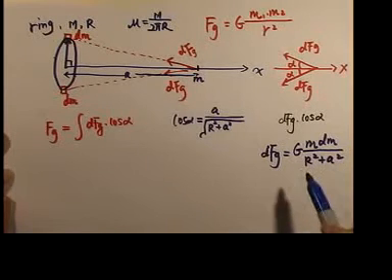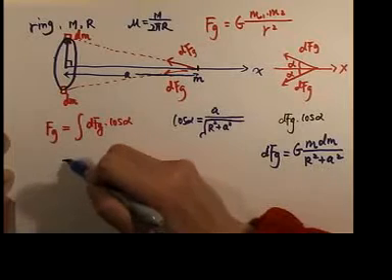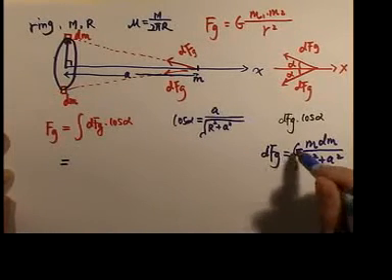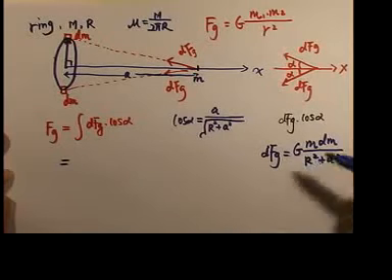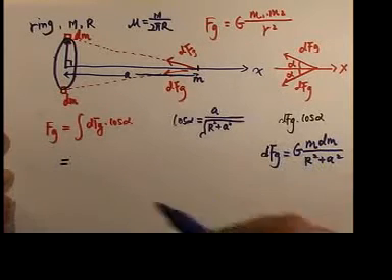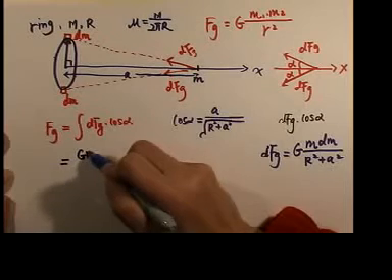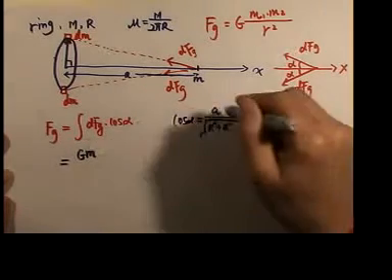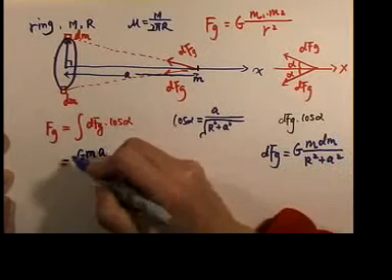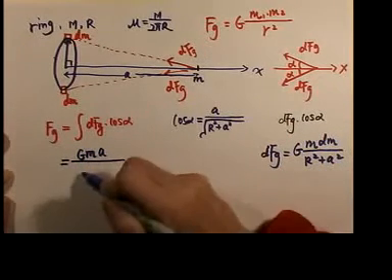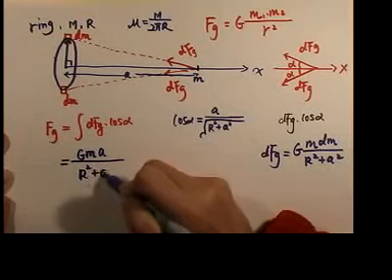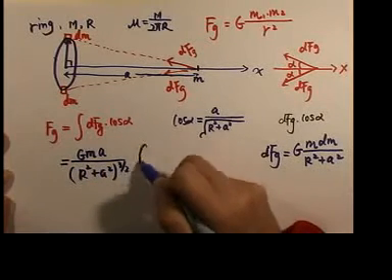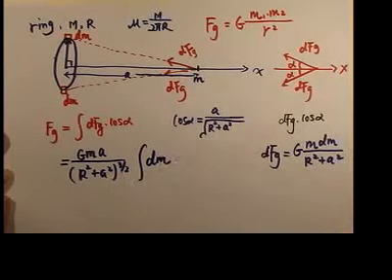If we plug this expression for dFg in, G and m are all constant, and cosine alpha is a over the square root of r squared plus a squared, so in the denominator we have r squared plus a squared to the 3/2, times dm.